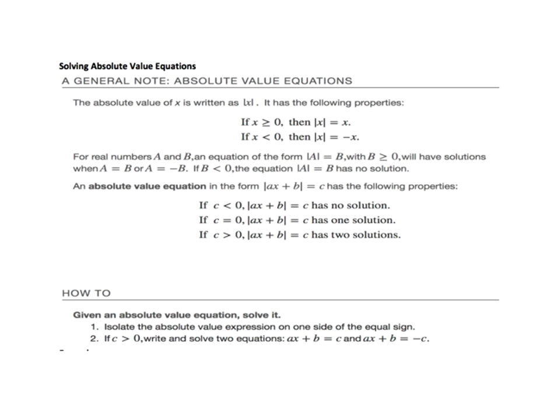If x is greater than or equal to 0, then the absolute value of x is equal to x. If x is less than 0, then the absolute value of x is equal to negative x.